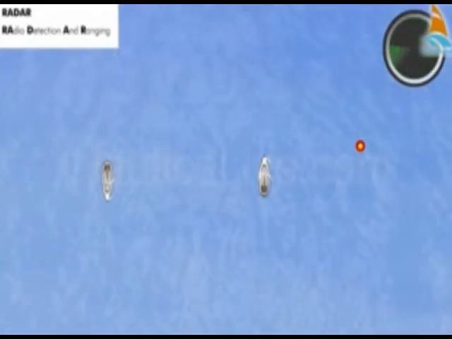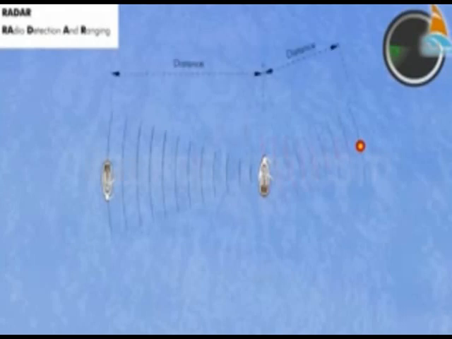By measuring the time difference between transmission and reception of the reflected waves, the distance to an object can be calculated. The direction in which the scanner is pointing when it receives the reflected waves represents the bearing of the object.